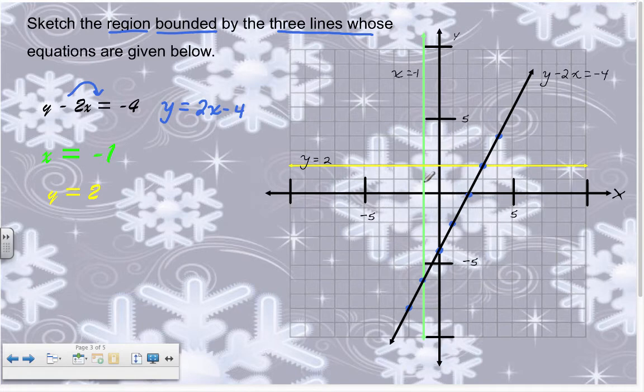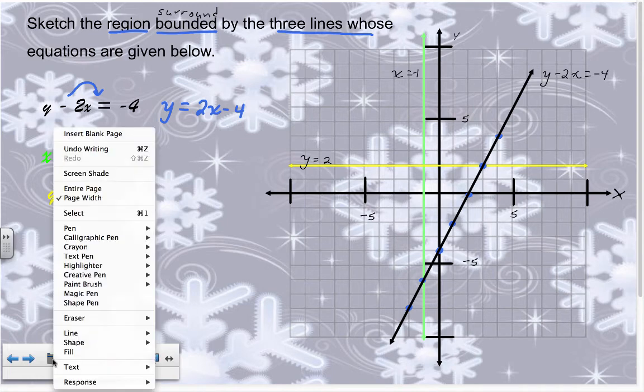And what did the question want us to do? Sketch the region bounded by the 3 lines. Okay, bounded means to surround. So when I look at these 3 lines, what they end up doing is they have, let me find it.